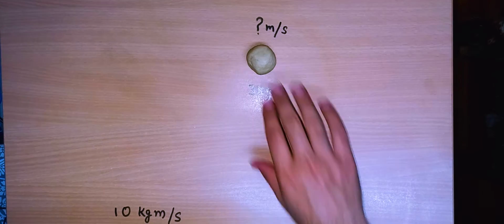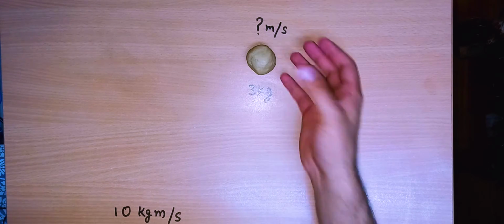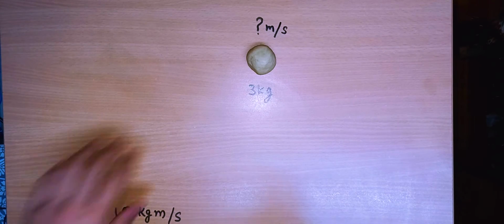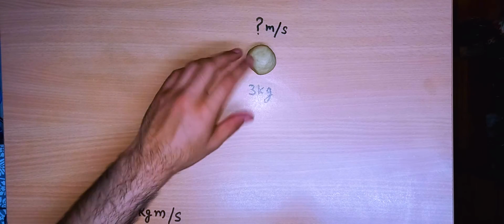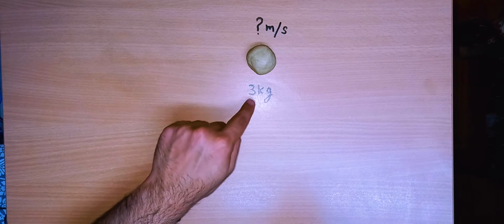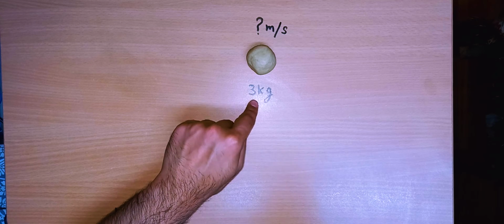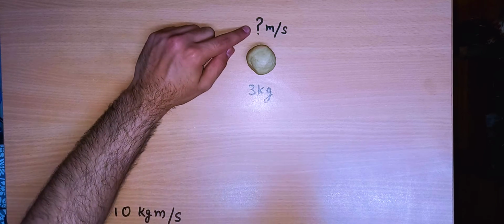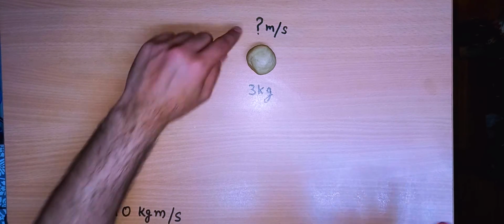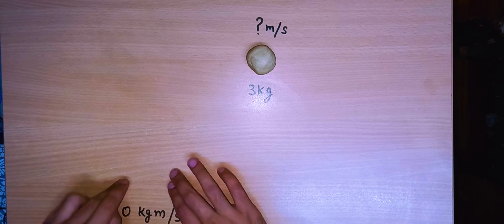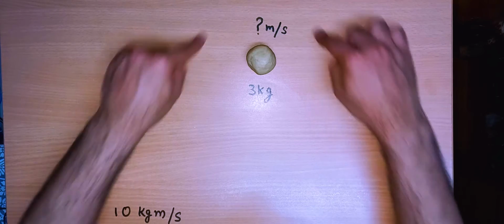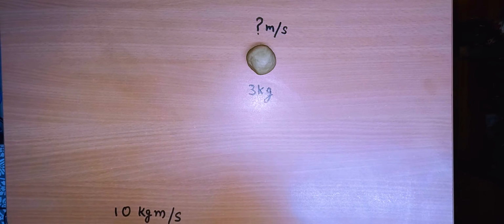Here I have the final situation after the collision: a bigger ball, composed of the smaller balls, weighing 3 kg and moving at some velocity which I have to find out. All that I know is that the momentum of this system, which only has one ball, should be 10 kg meter per second.